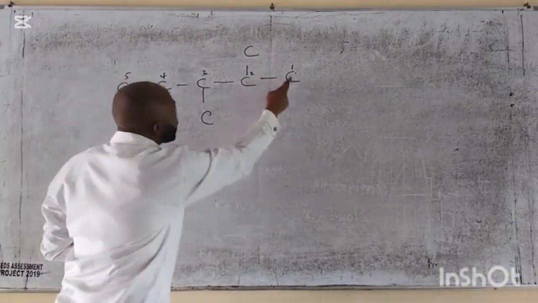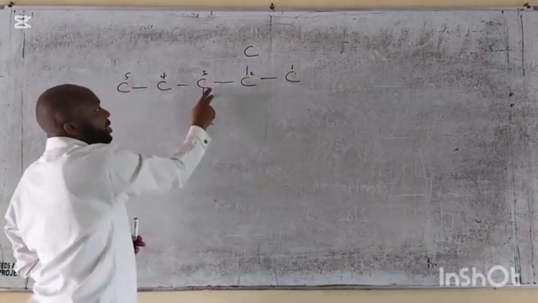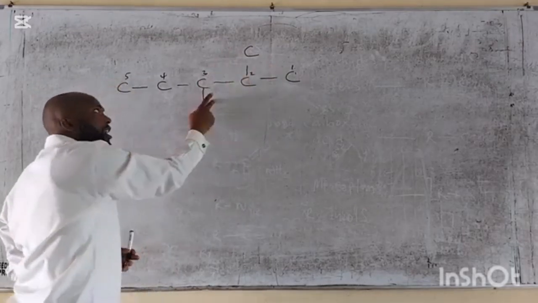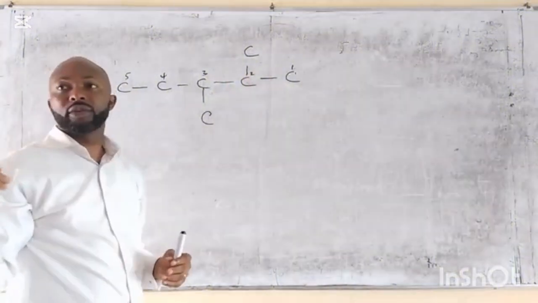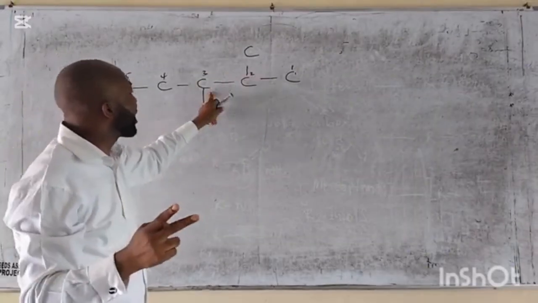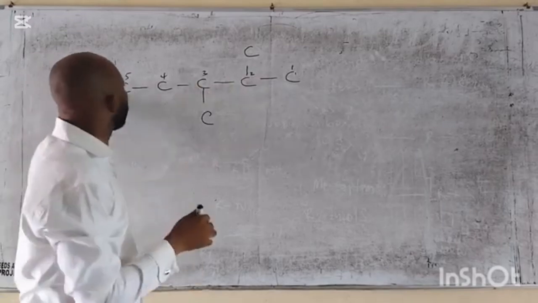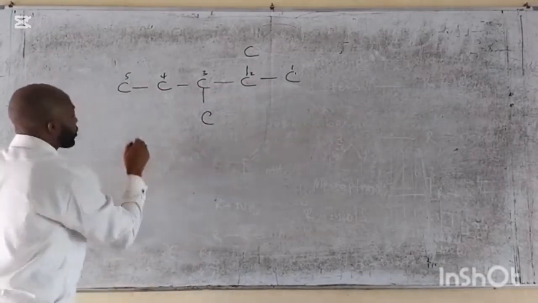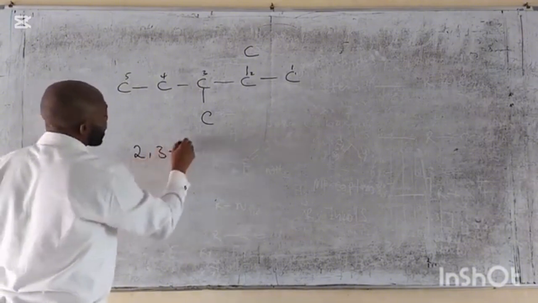So I have in 2 and 3 two methyls. So this becomes 2,3-dimethyl, because there are 2 methyls. 2,3-dimethylpentane.